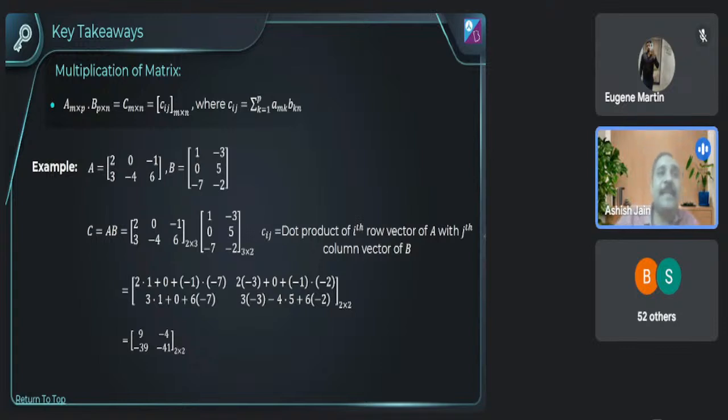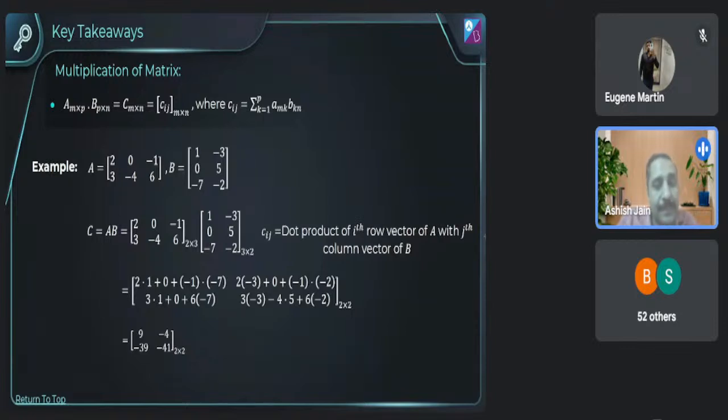Next we have C21, matlab second row first column. So what I have to do, row आएगी A से, column आएगा B से. So second row elements of A are multiplied to the first column elements of B. That is 3 into 1 plus minus 4 into 0 plus 6 into minus 7.